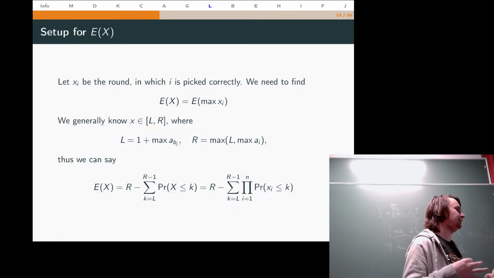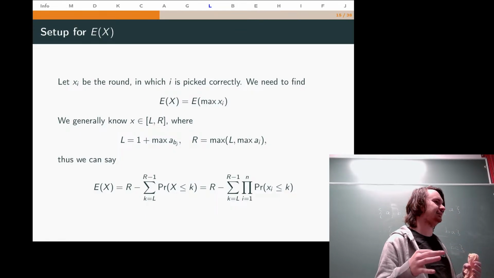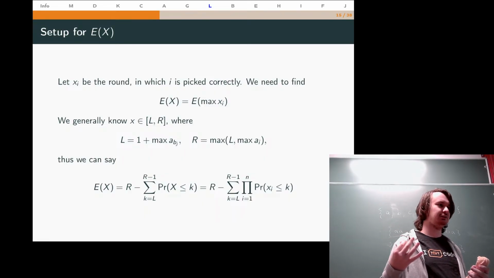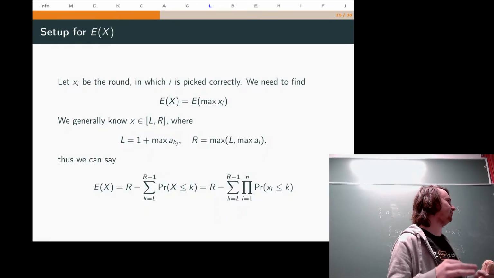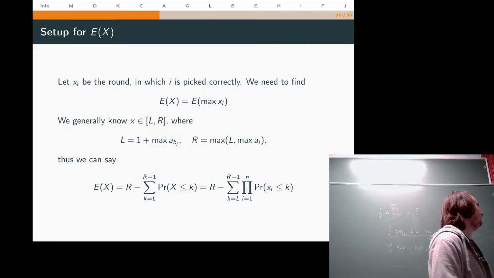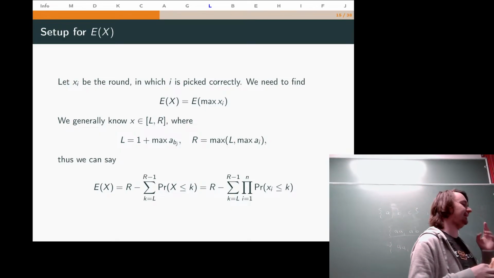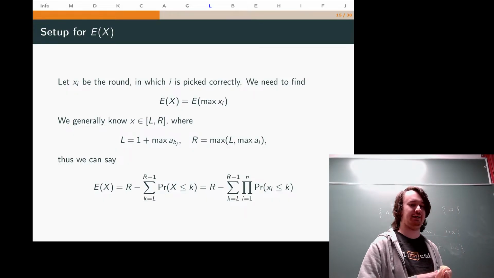Because of this, we can just independently consider the maximum of the times at which we know the correct answer for each individual question. So let's say that x is a random variable that corresponds to this maximum time, and we are asked to find the expected value of x.